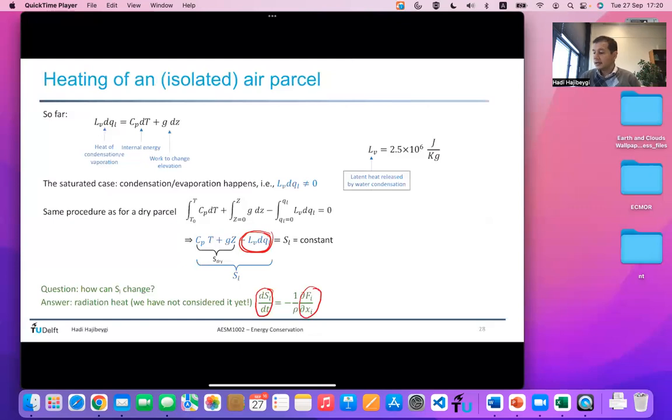Now, with that, we would go on and see how this energy conservation, which we just described and discussed in the atmospheric sense, would be relevant for another Earth system process, which is the subsurface porous system.